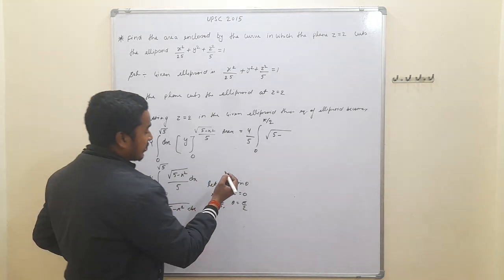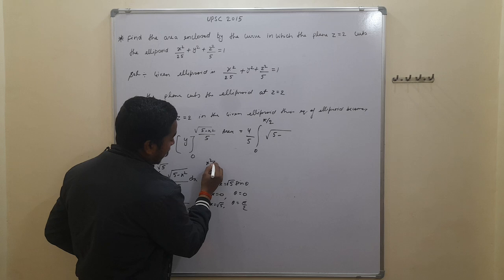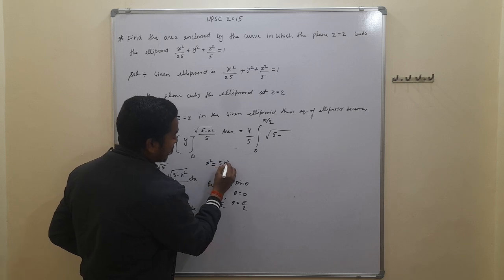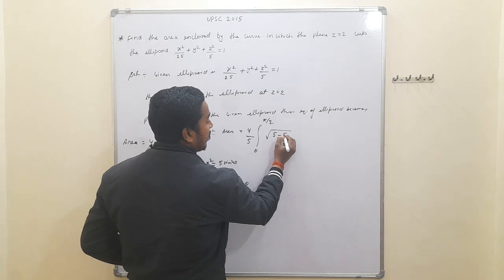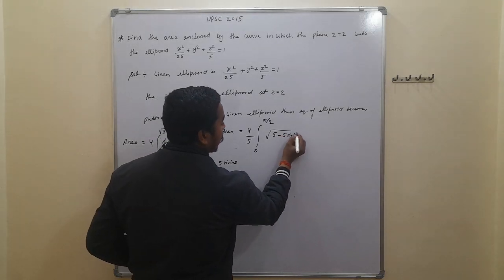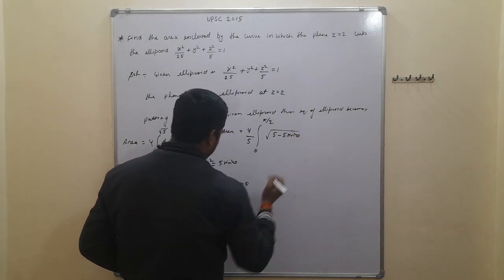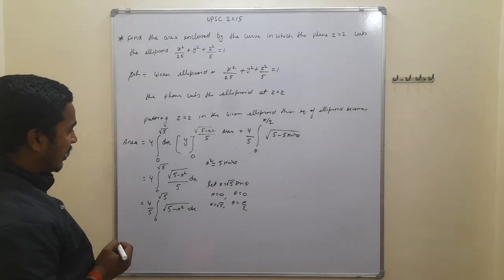On squaring, this gives x square is equal to 5 sin square theta. So we put here 5 sin square theta, and we can also put the value of d theta.